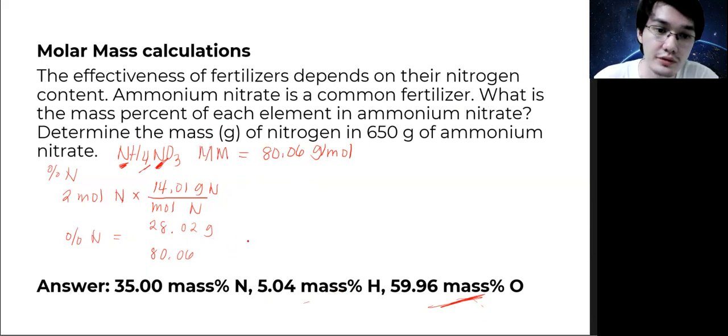So we know that ammonium nitrate has 35% nitrogen.